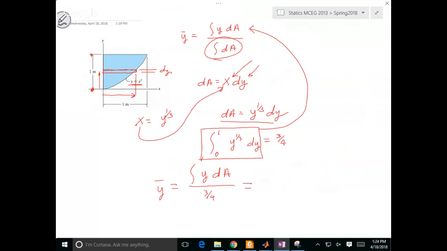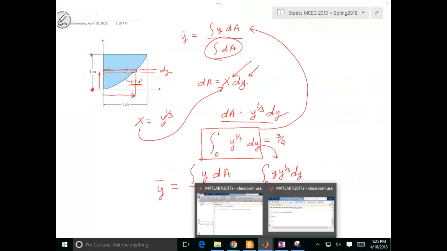But now if I just take this integral, copy it, put a new y on there, y times 1 dy, not d area. Okay, dy from 0 to 1 as well, and then 3/4 underneath.